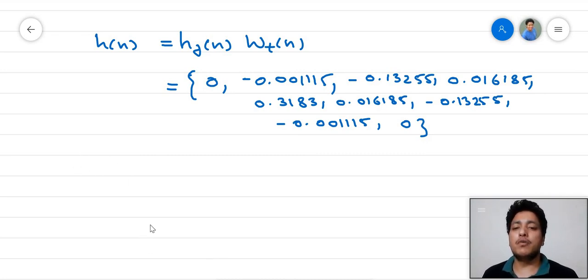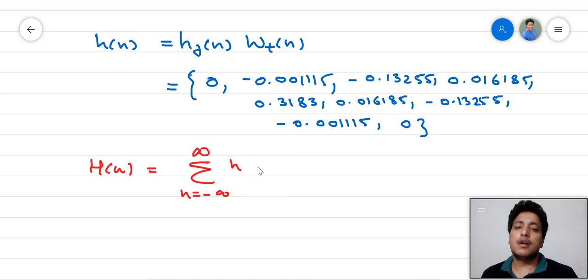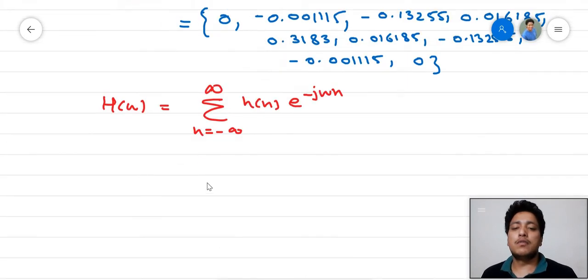Now we want to find out its frequency response, that is H(omega), and that will be equal to summation n equals minus infinity to infinity h(n) exponential minus j omega n. Now we know this h(n) is defined from n equals 0 to m minus 1.